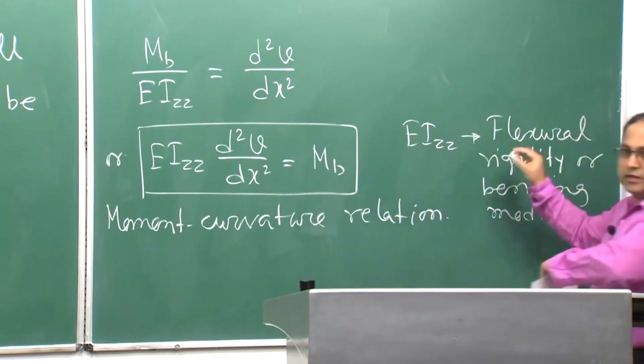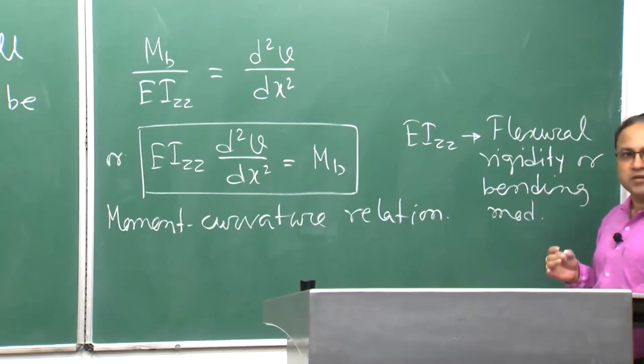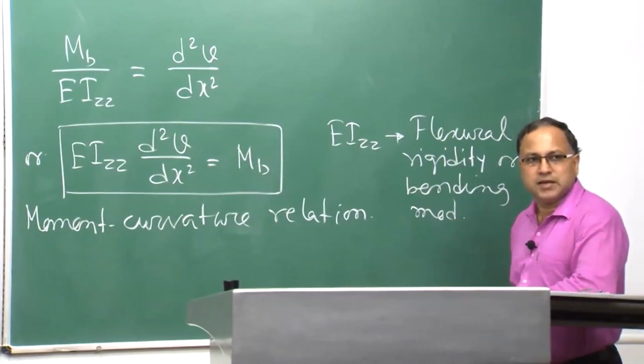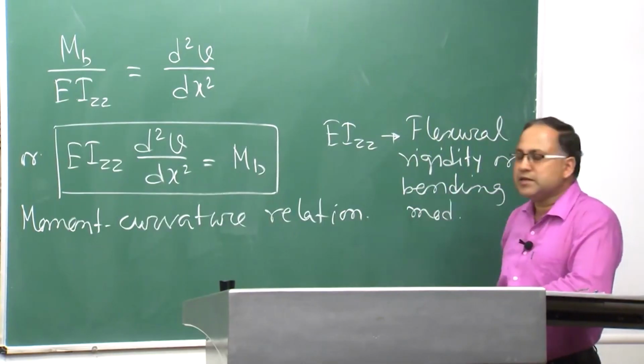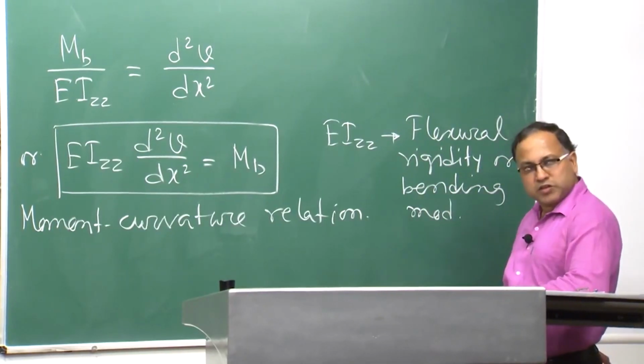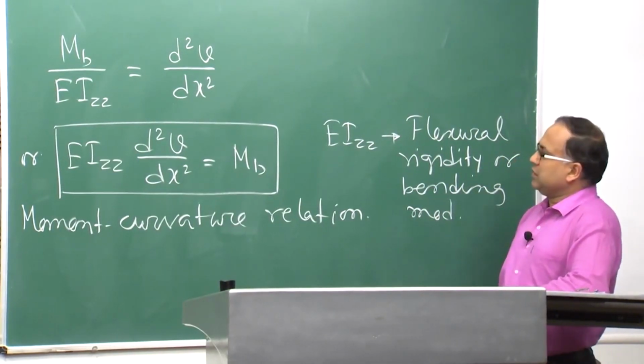For a particular section and material, EIzz is constant, if you consider a constant cross section and a homogeneous material in the slender member.